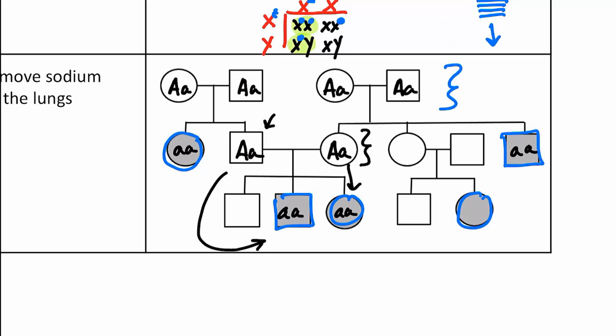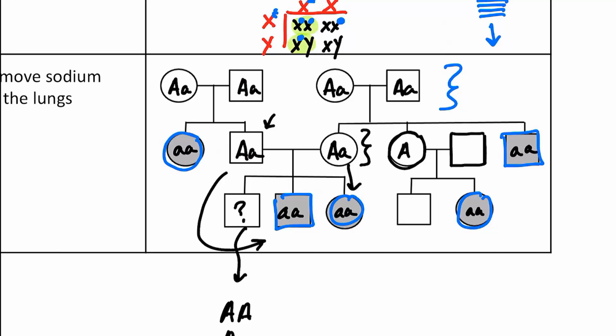Okay. This one I do not know because I don't have any children and because it can be either homozygous dominant or a carrier. We have no more information there. We need more. But looking at this other area here, these parents don't have the disorder, but their one child does.